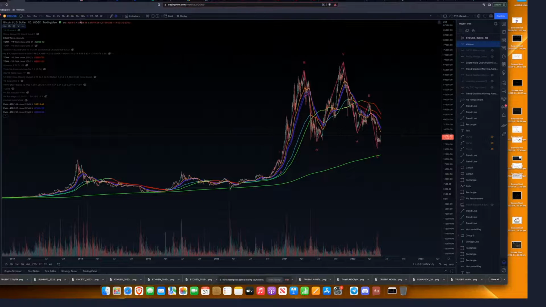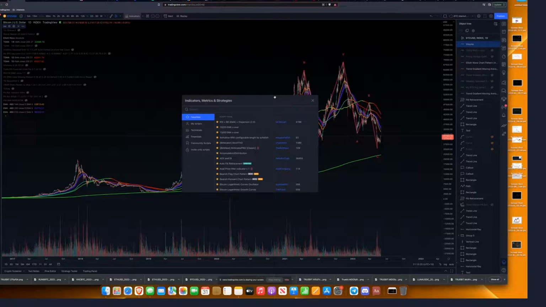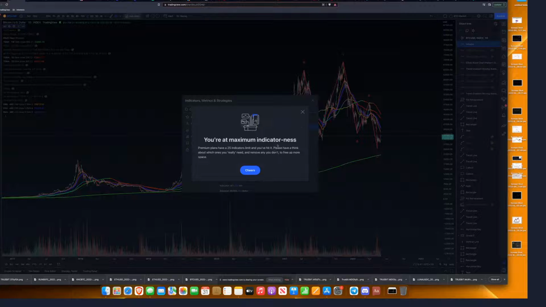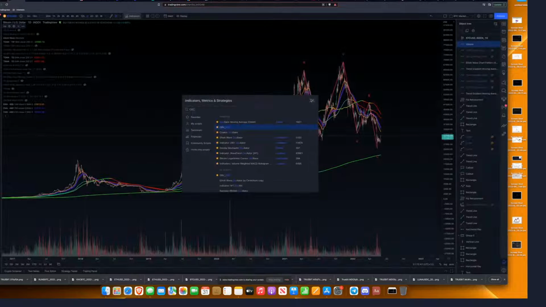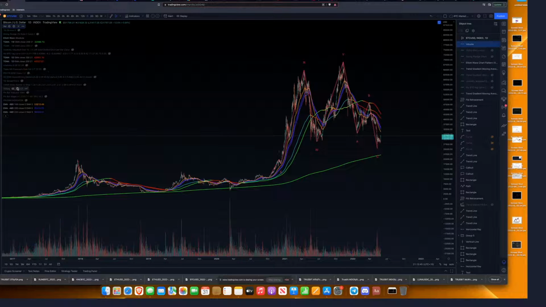One more volume indicator I'm just going to put in there. Oh, it's got too many indicators. What can I get rid of? Okay, I can get rid of this for the time being.